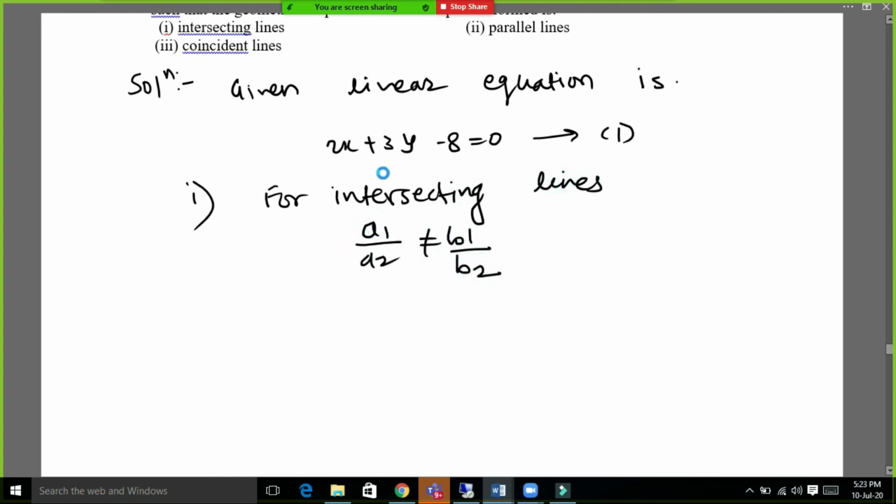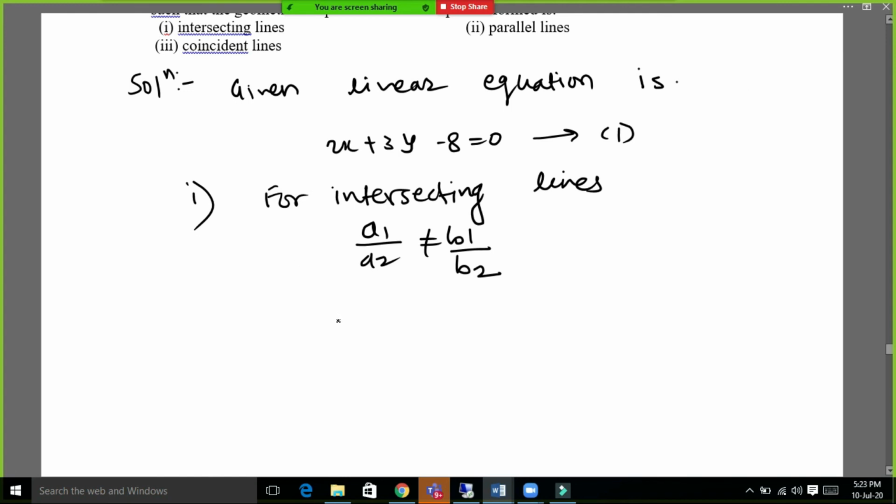So we form another linear equation in two variables such that the ratios are not equal. Just consider any values of a2 and b2 so that their ratios are not equal.